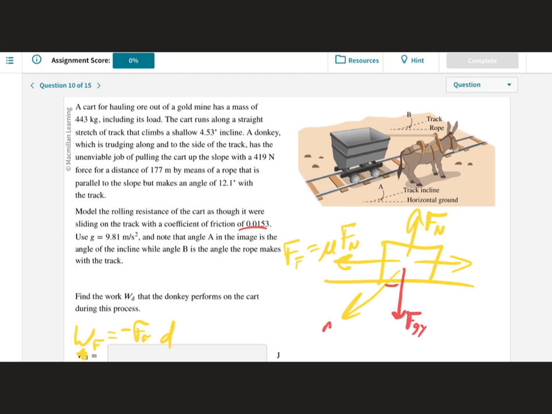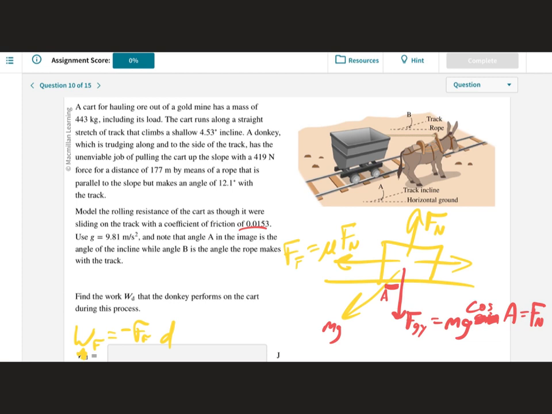Remember that gravity is equal to m times g, and this was angle, I think angle A. So Fgy is going to equal m times g times the sine of A. And that's going to equal the normal force. Right. Oops, that actually, it's the adjacent, right? The adjacent, I should know my trigonometry. It's cosine. Mg cosine A. All right. Just make sure you guys are paying attention. That's all.